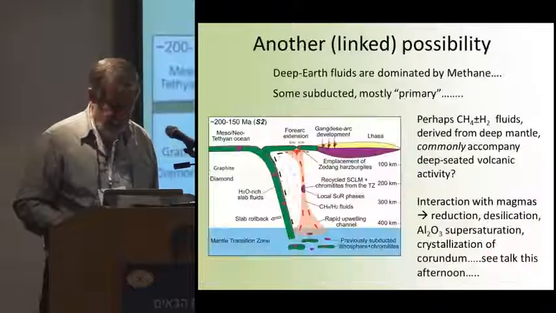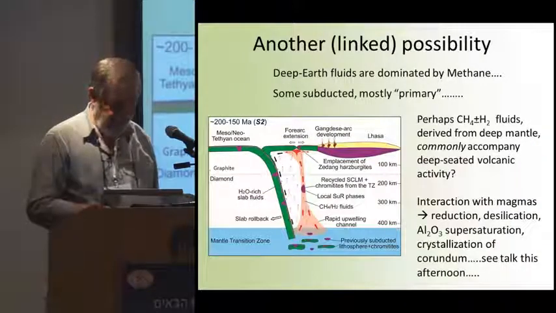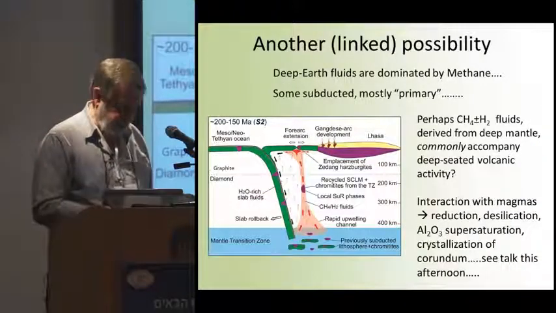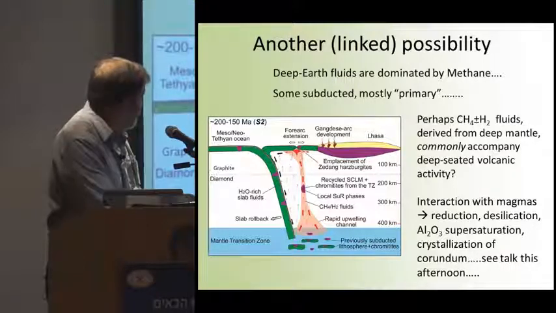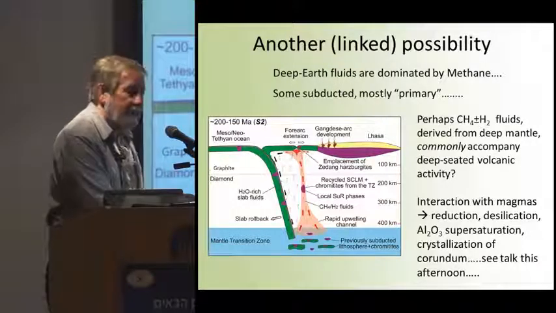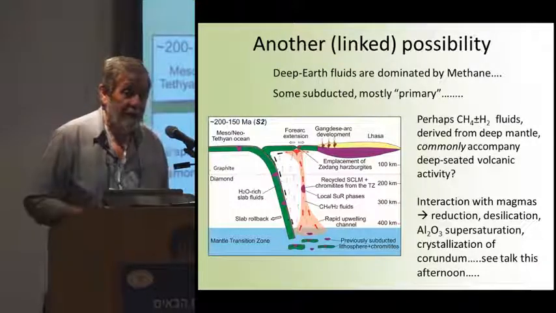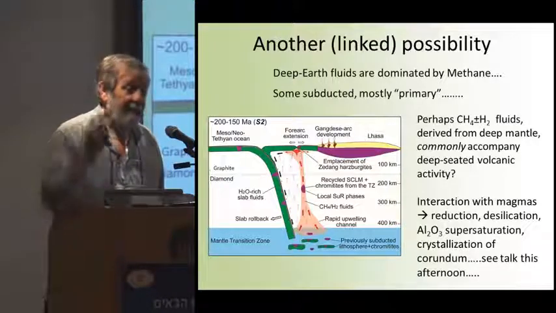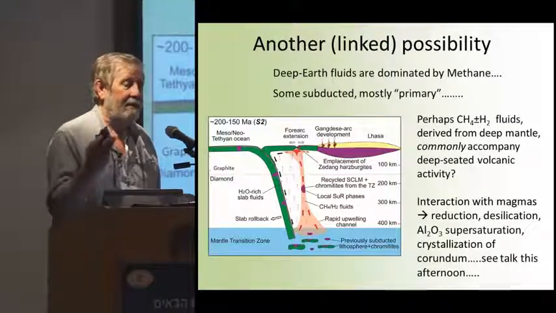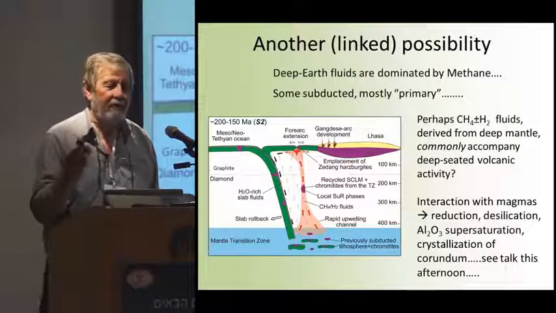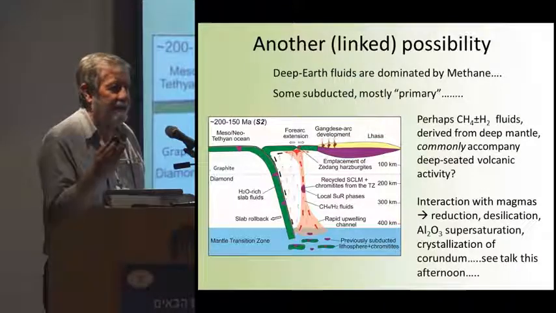Okay. There's another linked possibility, which is that, if we go back to the Tibetan situation, we're dealing with something like this, where we have rapid upwelling channels pulling up deep mantle fluids. And in the deep mantle, a lot of people would argue that the mantle is metal saturated.